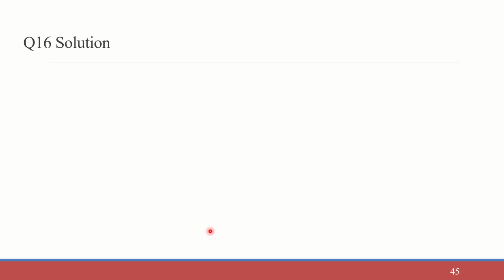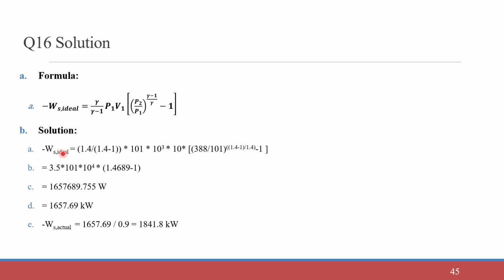Now we need to know the formula. Ws ideal is equal to gamma by gamma minus 1 into P1 V1 into (P2 by P1) to the power of (gamma minus 1) by gamma, minus 1. So we are first finding Ws ideal. Gamma we know as 1.4, and gamma minus 1 is 1.4 minus 1.